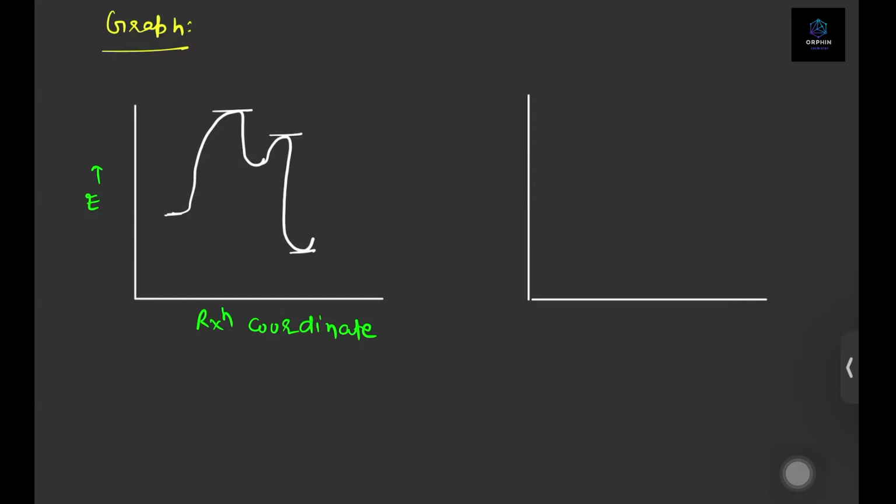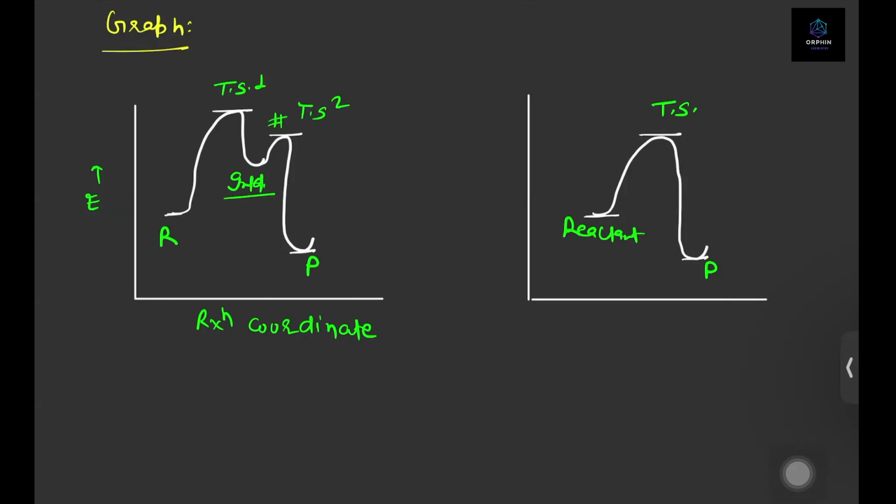That belongs to SN1 and this belongs to SN2. Transition state, reactant, product, intermediate. That is transition state 1. This is transition state 2. Okay, so this is SN1 and that is SN2.